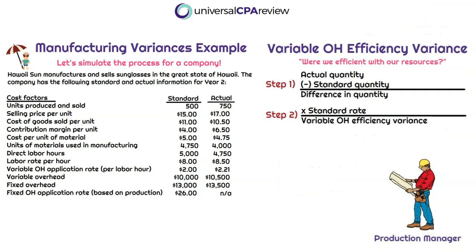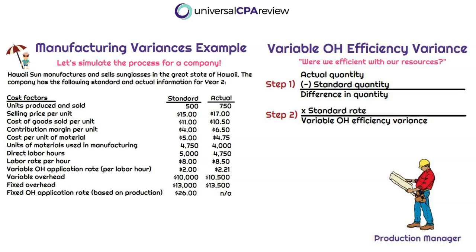So now we're going to move on to the variable overhead efficiency variance. So how efficient were we with our variable overhead when it comes to production, right? Were we efficient with our resources this period? That's the question that the production manager is going to be asking themselves based on this type of variance analysis. Now in this case, we're focused on volume or quantity.